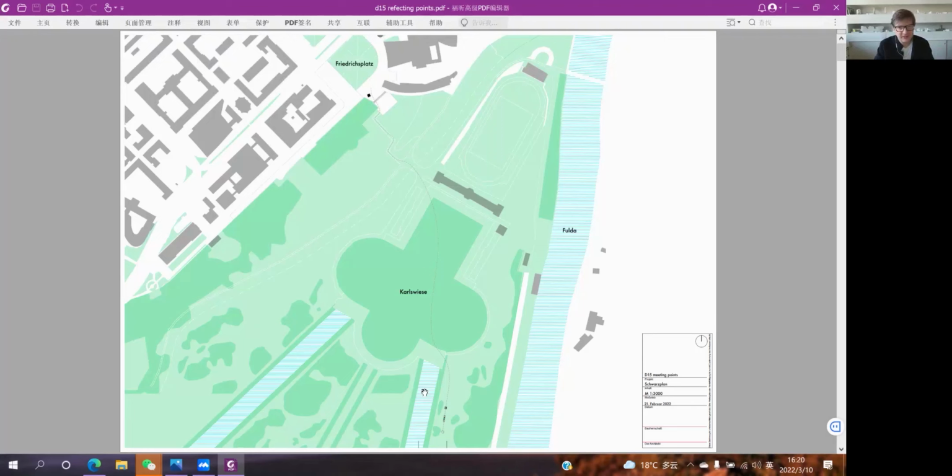Okay. And I saw you used the shape of the cross in almost every installation. Does it have a special meaning for you, or is there any other reason? No, yes, I'm happy that you saw this, because this Karlswiese symbol is so emblematic for the whole city.